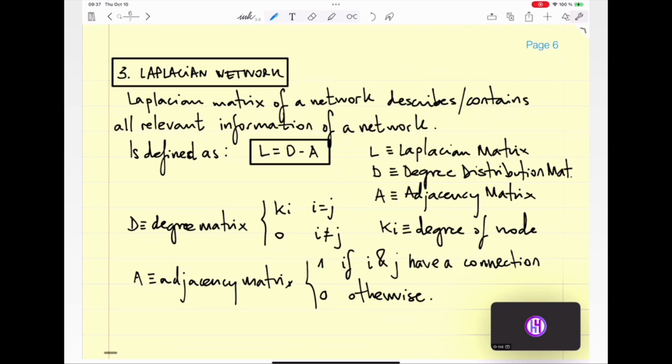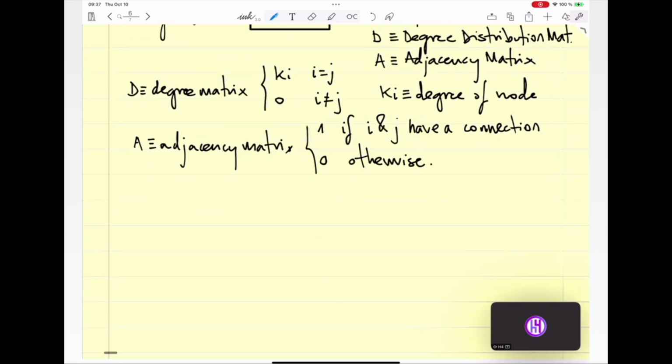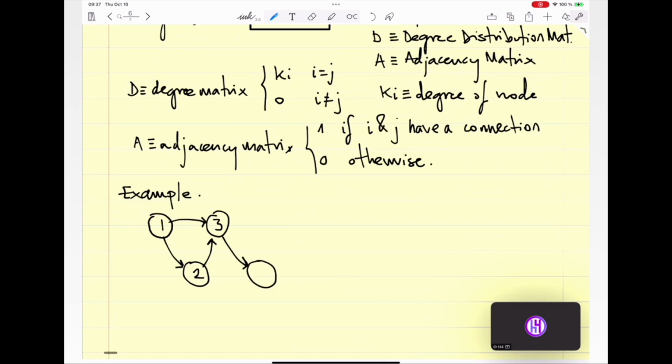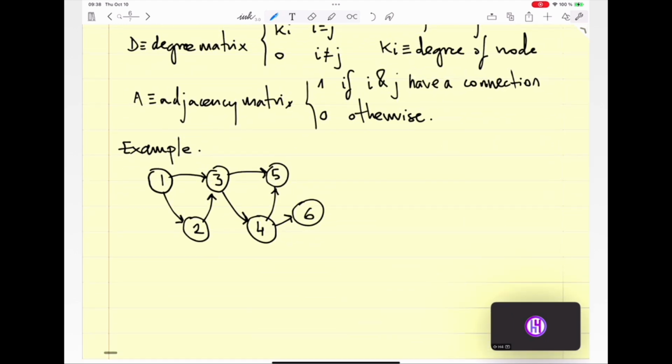Okay? Let's make an example and you will see it's super easy. So there will be no problem for you to understand this. So I copy the same network as before. Now it's relevant that you look at the directions.